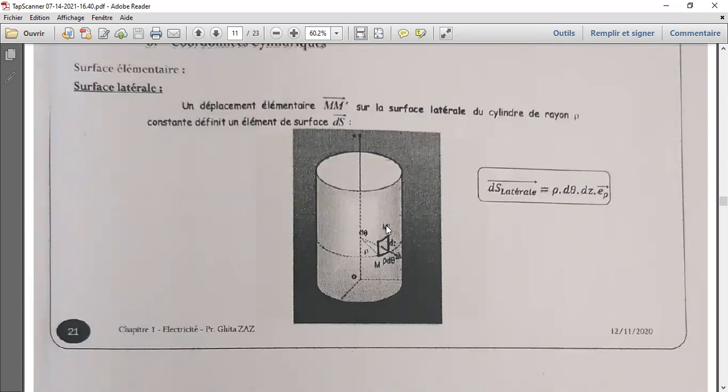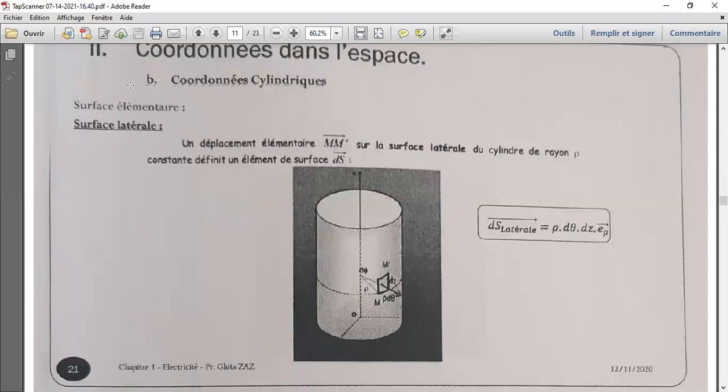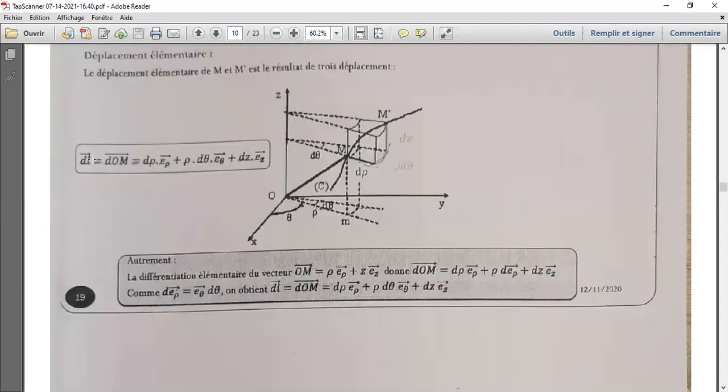So in other terms, when they say surface lateral, if you have forgotten how we move here, you just have to go back to this formula. To calculate the surface, it is d rho times rho d theta, times dz.